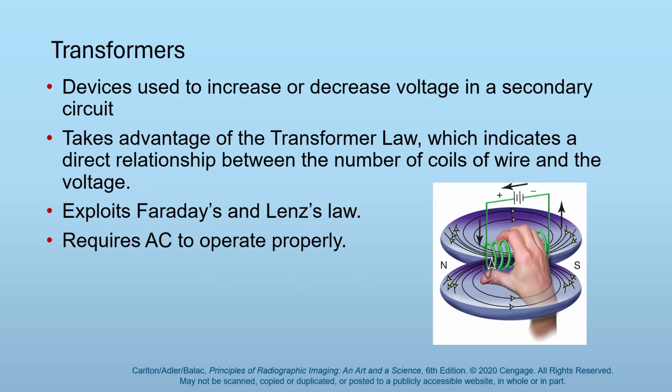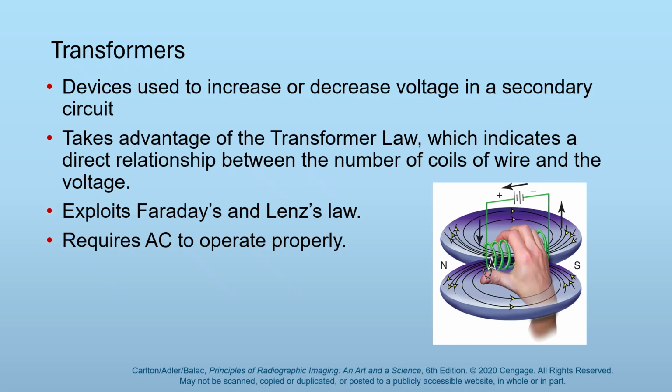All right. So the transformer is utilized to increase or decrease voltage in a secondary circuit. Okay. It does this by Faraday's law of induction. It takes advantage of the transformer law.